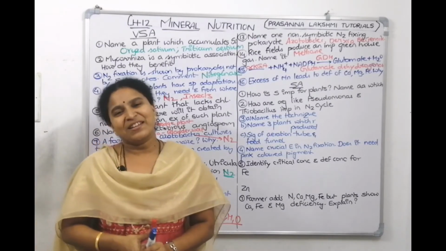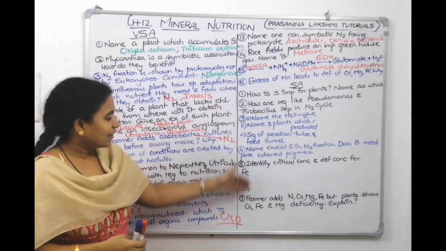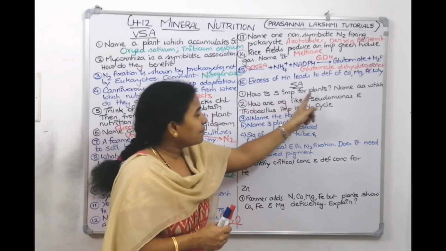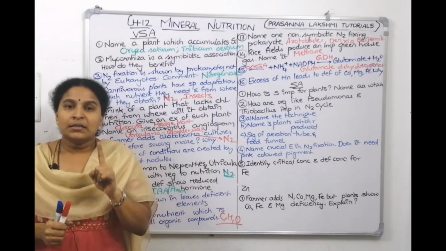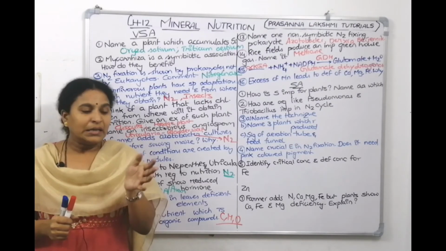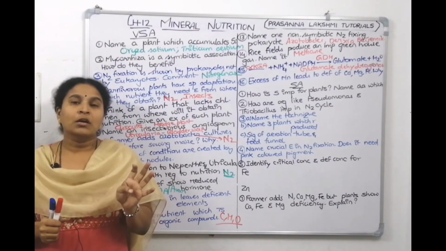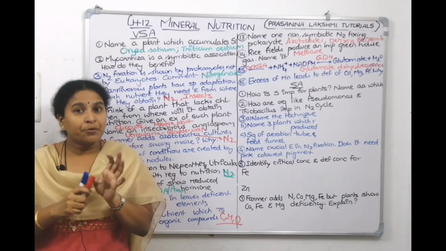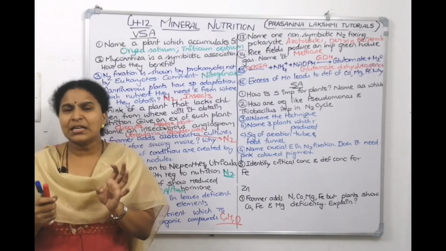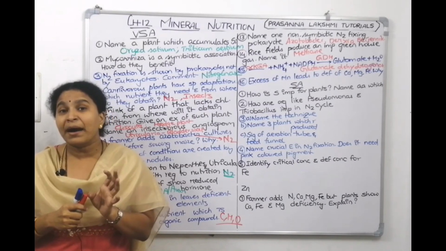We finished very short answers. Let us discuss short answers also. First question. How is sulfur important for plants? Sulfur, it is a macronutrient. Sulfur, it is an activator also. Sulfur is present in proteins. We can see sulfur in proteins in part of amino acids.